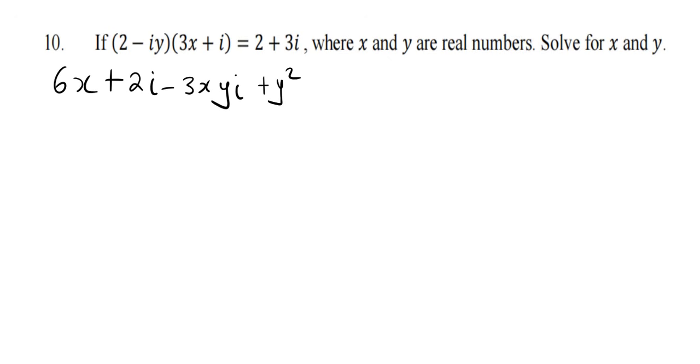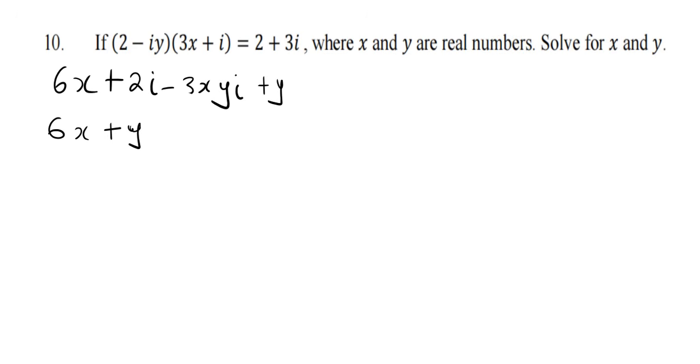So in this case, what do we do? For the real part, we've got 6x plus y. Okay, where am I even getting the y squared there? This is just y, it's not squared. So we've got this part, this is the real part.